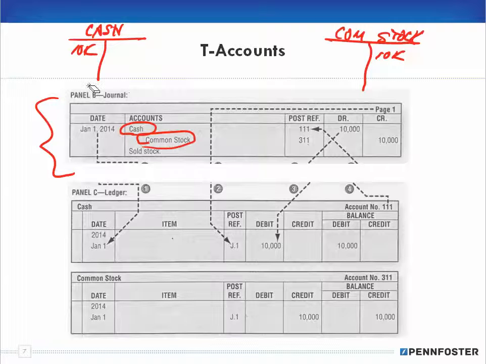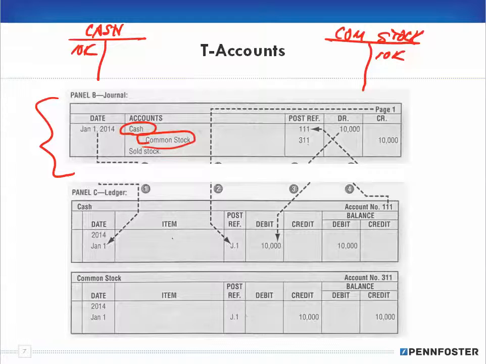You want to use this on a scrap piece of paper, creating the T accounts to see what it would look like if it went into your ledger accounts, to be able to understand that, one, you made the correct entry and that the debits equal the credits. That's one use of the T account.